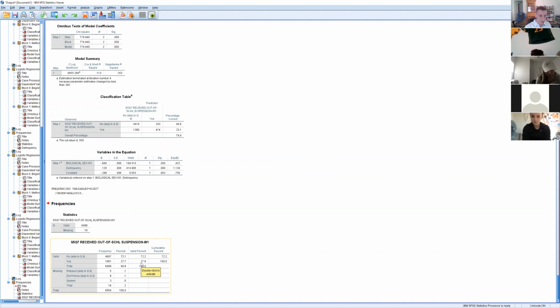That's 27.8% versus 72.2%. So clearly, a minority of the sample has been suspended, and so this is what you consider a high-risk group.